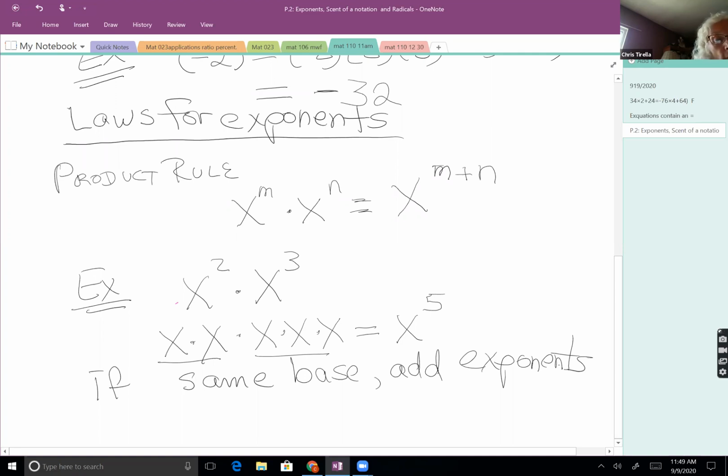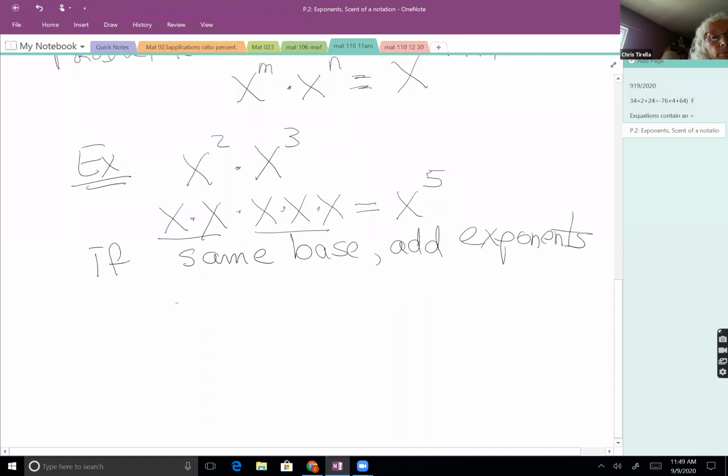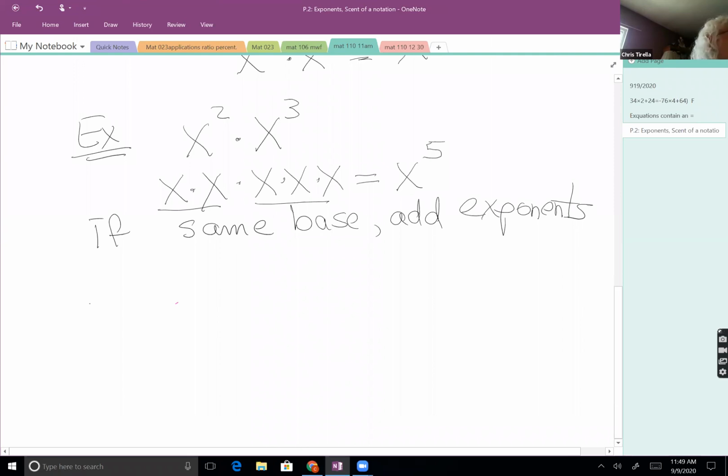So let's look at a few more examples. If I have x to the third times x to the eighth, same base, if I multiply 3 x's by 8 x's, altogether how many? There would be 11. Beautiful. What if I have y times y to the fifth?